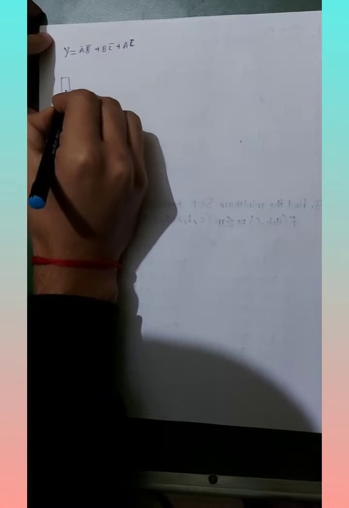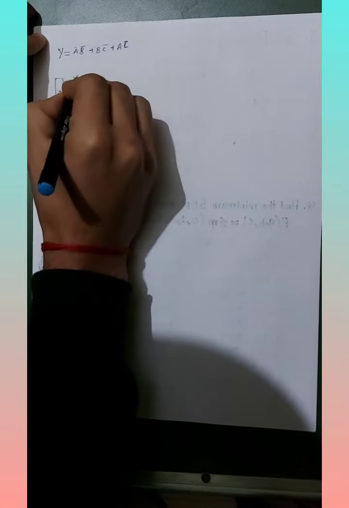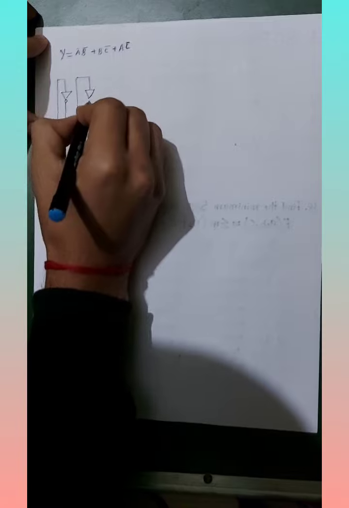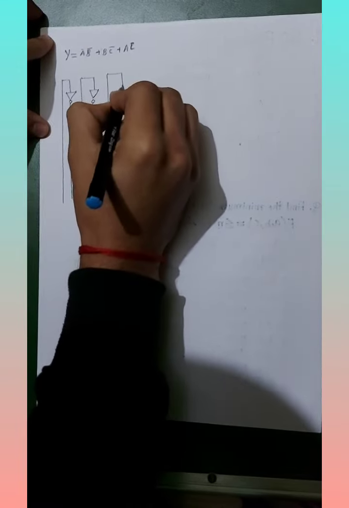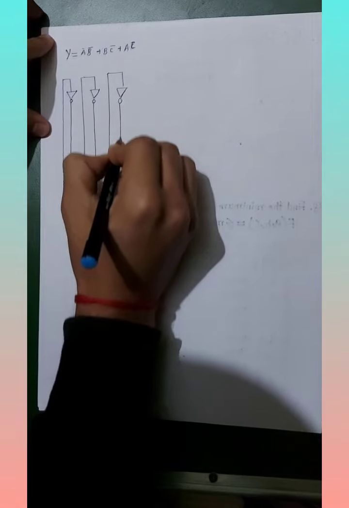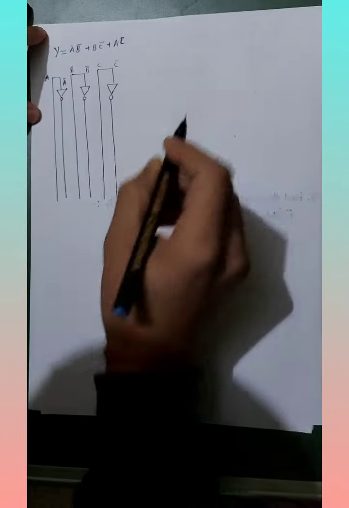For this we will make one NOT gate. For a bar we have 3 inputs, so we will make this b bar, then this is c, and this is c bar.